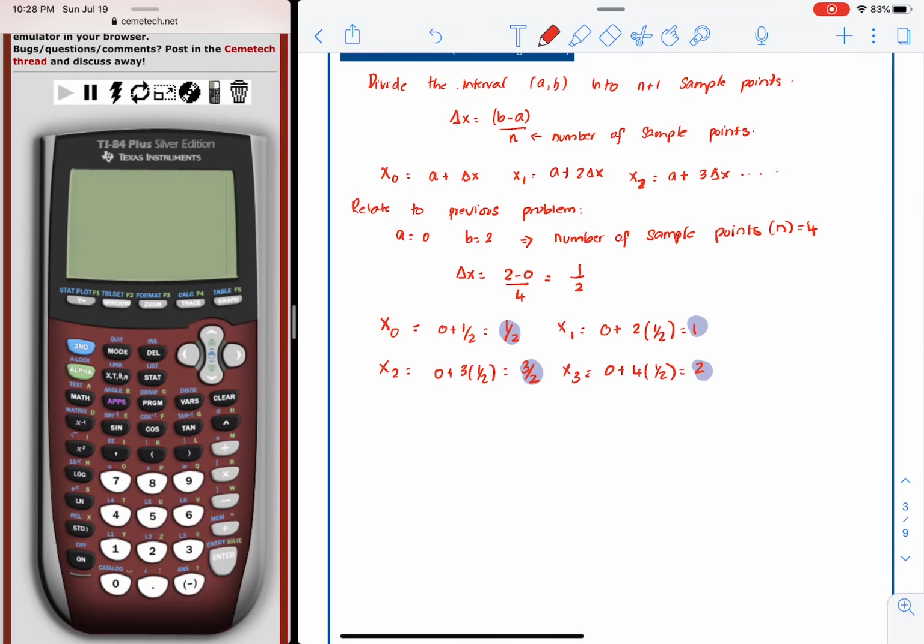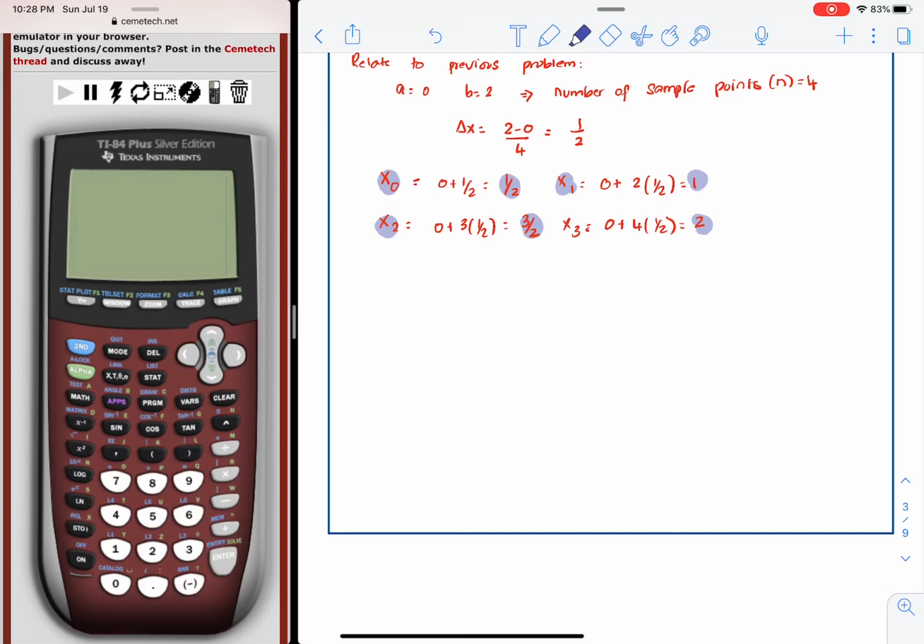So the left sum uses x0, x1, and x2. The right sum uses x1, x2, and x3 as sample points.